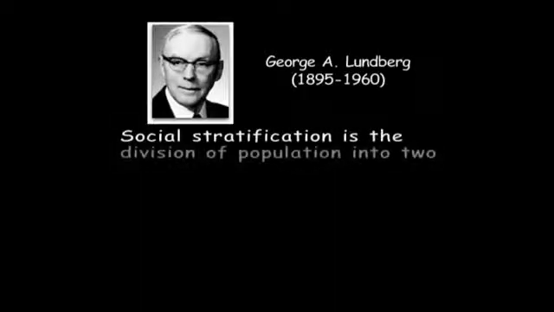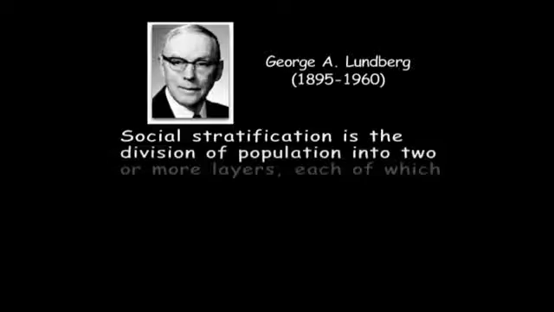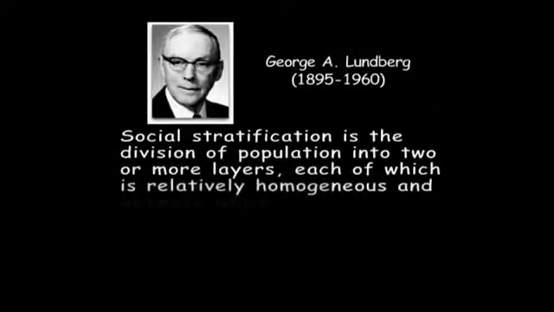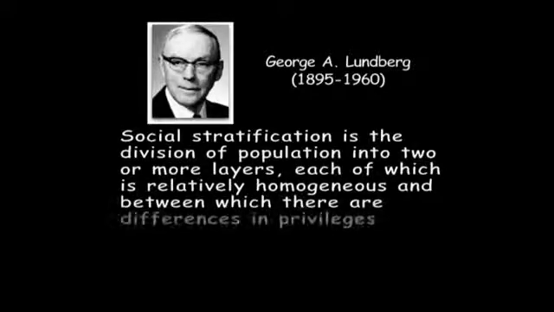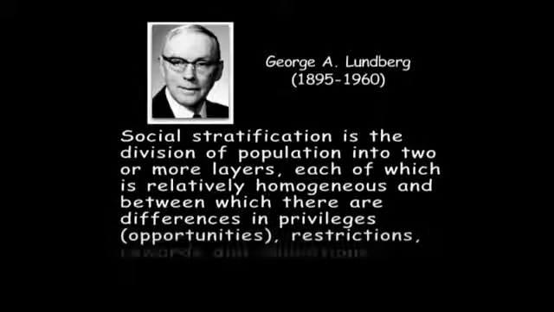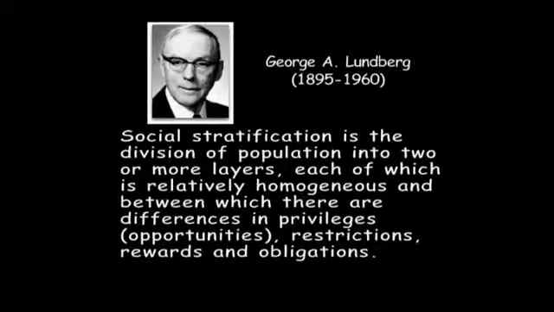Lundberg in 1968 states that social stratification is the division of population into two or more layers, each of which is relatively homogeneous and between which there are differences in privileges, opportunities, restrictions, rewards and obligations.